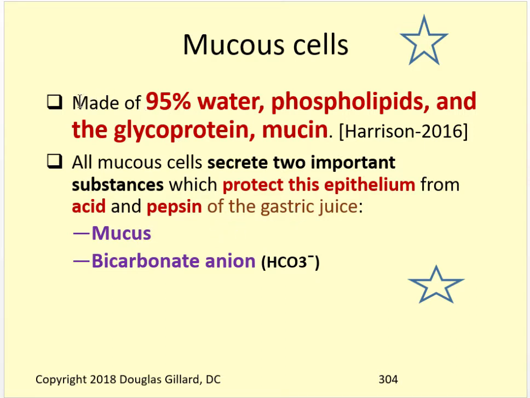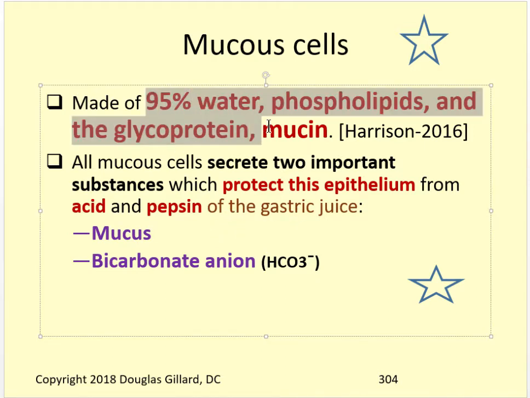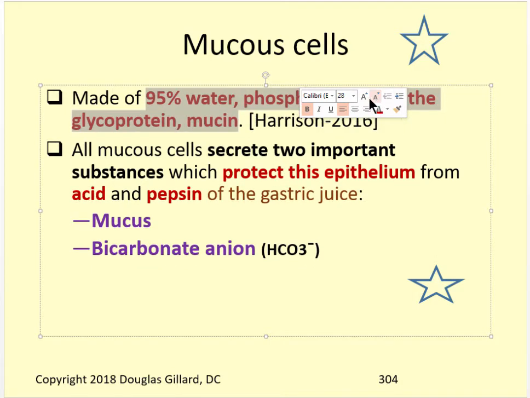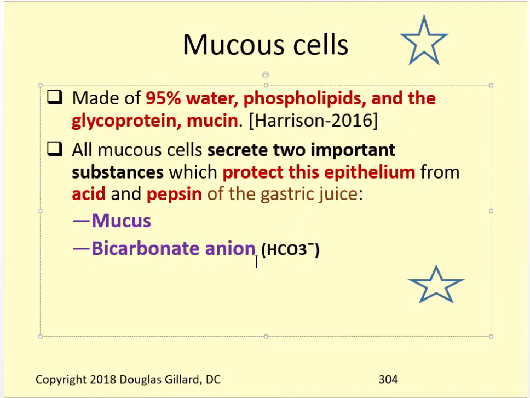Those two important substances are mucus and bicarbonate anion. You remember from your biochemistry days, bicarbonate is HCO3. It's an anion, it's negatively charged. That's where the bicarbonate comes in, and it's going to protect the stomach, as we'll see in a minute.